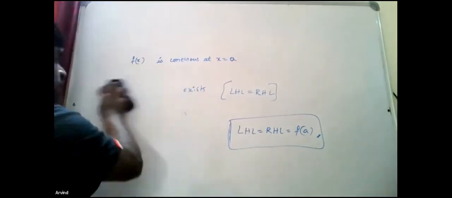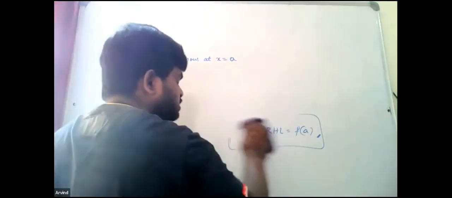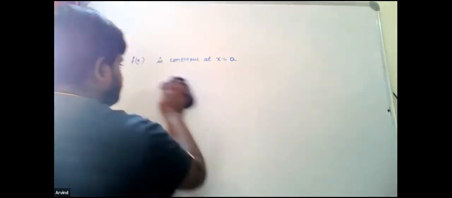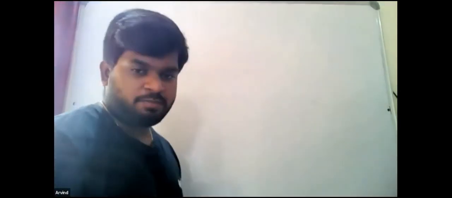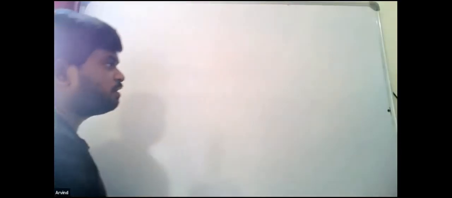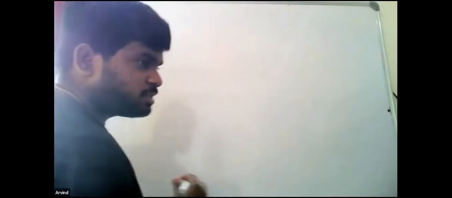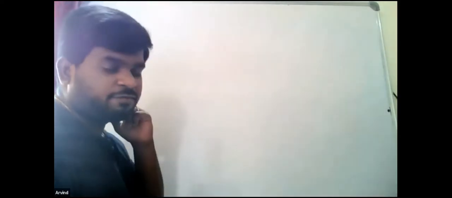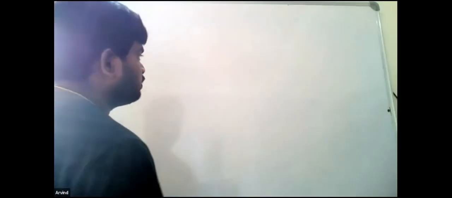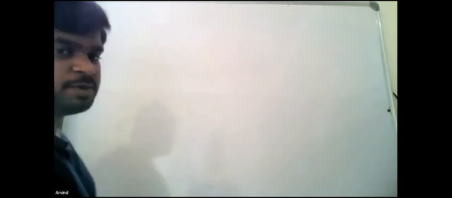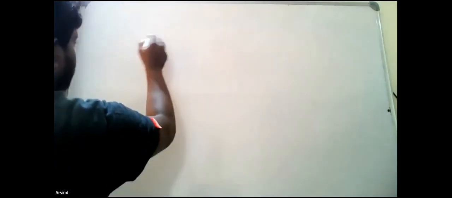Coming to differentiability. When do you say a function is differentiable? When its derivative exists at each point in its domain. If f is differentiable at every point in the domain, it is differentiable in the domain.